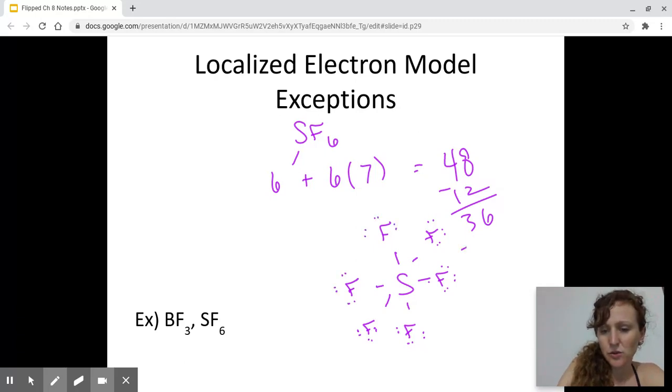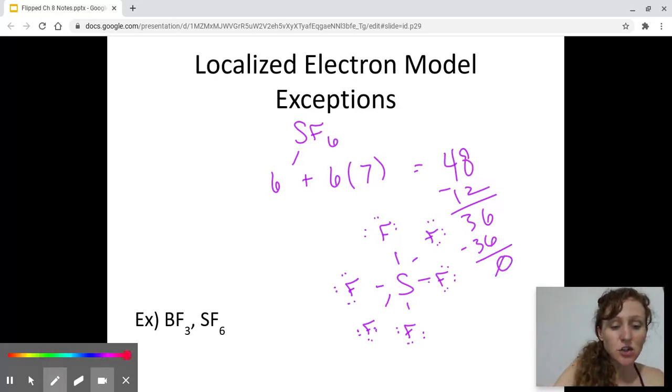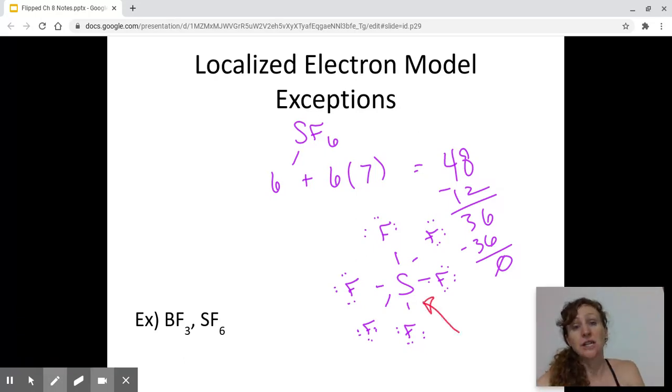18 times 2, 36. Okay, so in this case, notice that sulfur is the central atom and sulfur is holding the additional load. Sulfur is holding the expanded octet. And that's always the case. If you have something with an expanded octet, it's always going to be the central atom. In this case, the sulfur is holding 2 extra bonds.